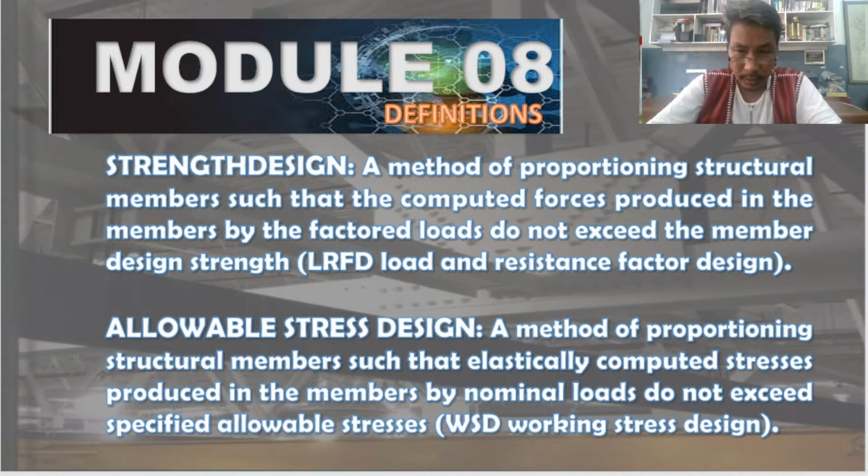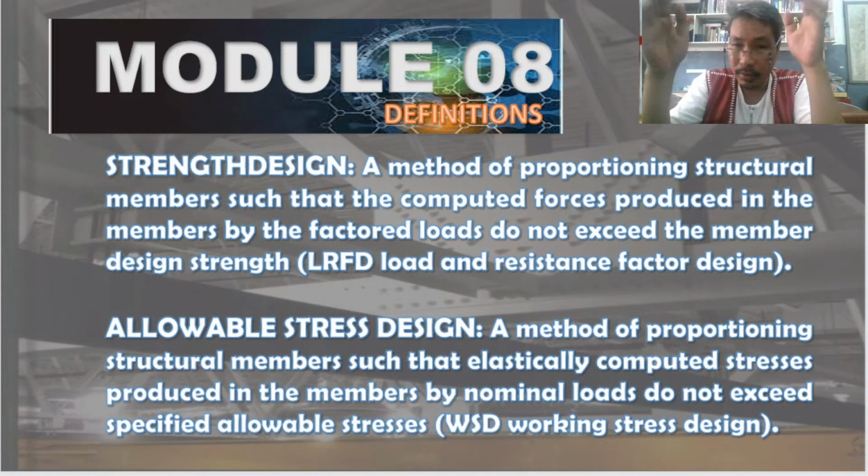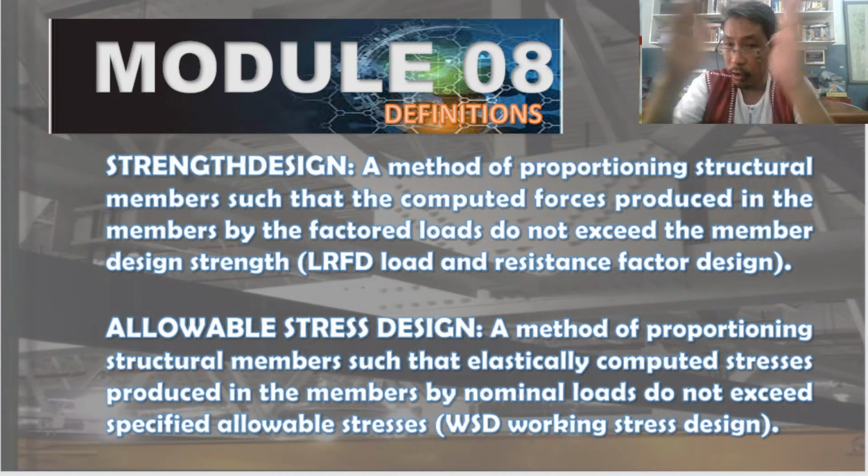Okay. Next, what is allowable stress design? Allowable stress design, or ASD. It is a method of proportioning structural members such that elastically computed stresses, elastic, okay, so we are on the elastic region. Take note. When we are using strength design, we are actually on the plastic region, because we will use the ultimate value.